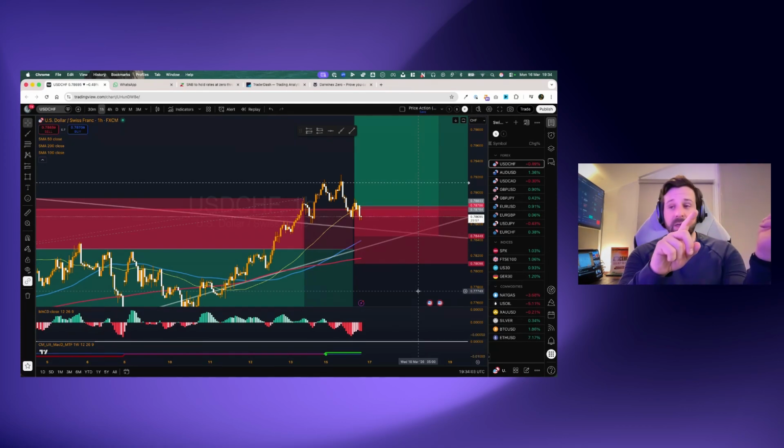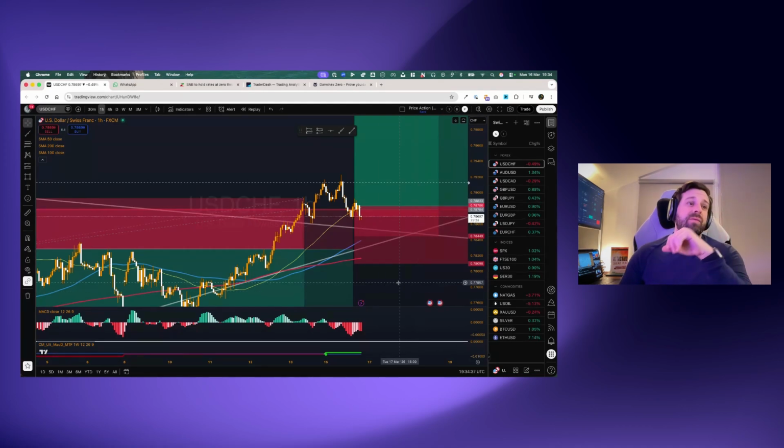We've got the long bias for US dollar, and the muted reaction of the Swiss franc. Therefore, I should be long fundamentally US dollar Swiss franc. We've got a cross up of the MACD on the weekly chart, and a crossover of the weekly trend line, where price has gone through that.